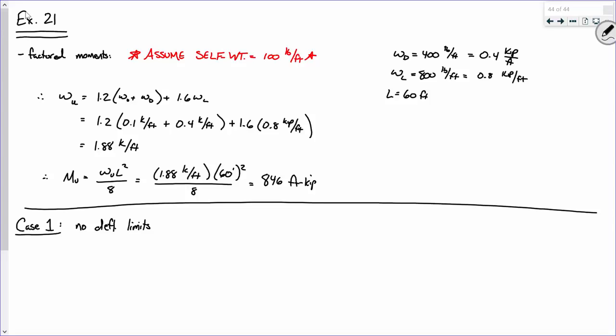Remember, lightest shape. So bold row. W12 by 84? Sorry, W27 by 84. Okay, does anybody else seconding that? Okay.